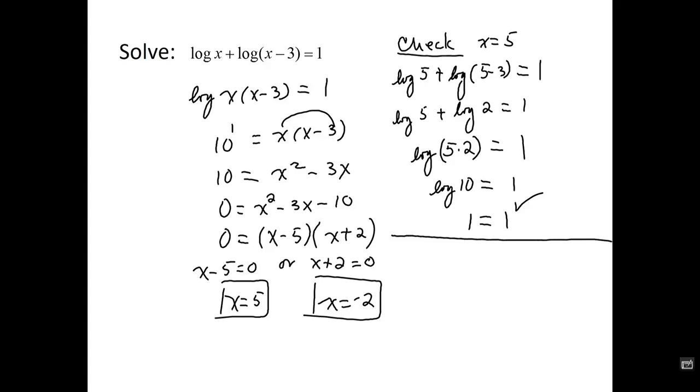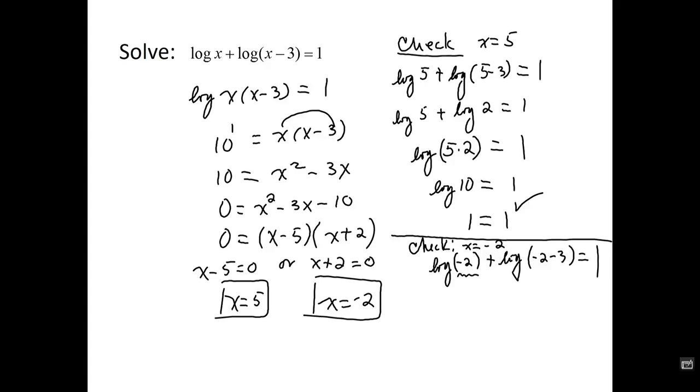All right, let's check now when x is equal to minus 2. We have the log of a negative 2 plus the log of a negative 2 minus 3 is equal to 1. Already this is a flag. You cannot take the log of a negative number. Negative numbers do not have logarithms.